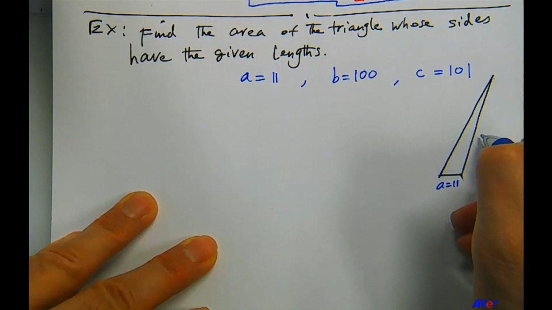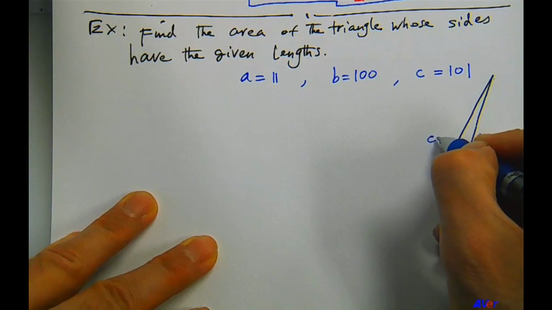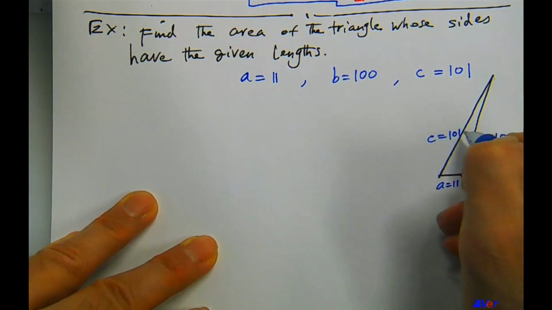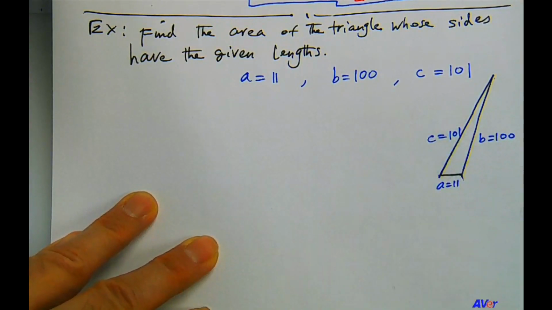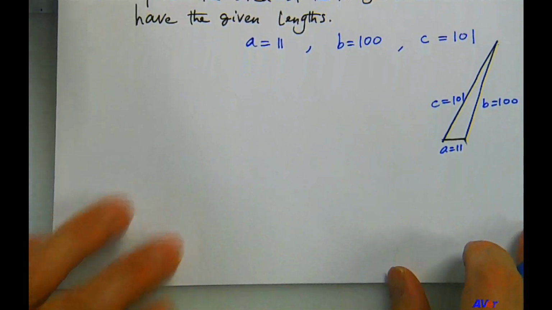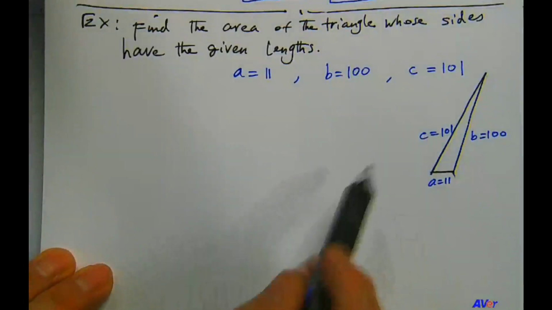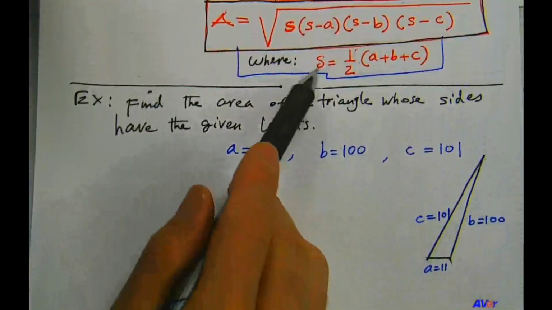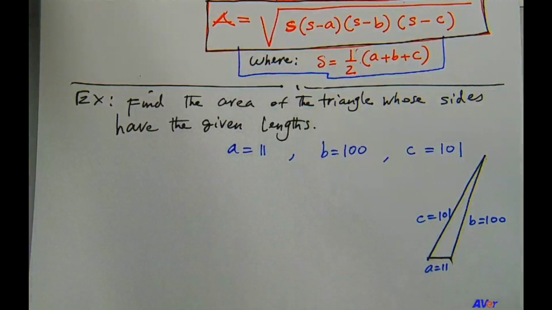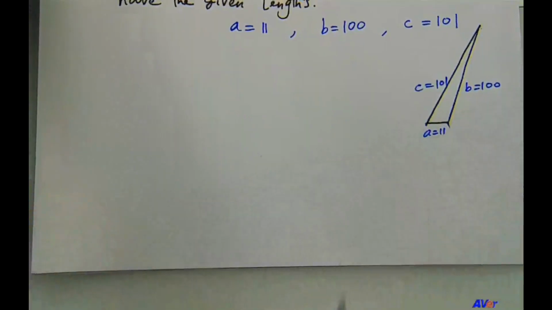B is equal to 100, and C equals 101. All right, so this S would be half of the perimeter, right? So let's find that out first.